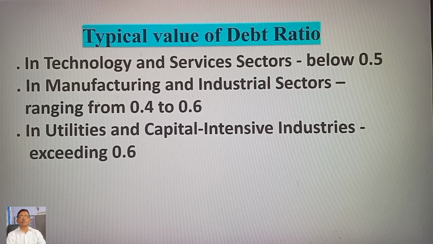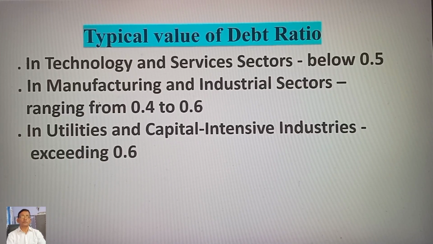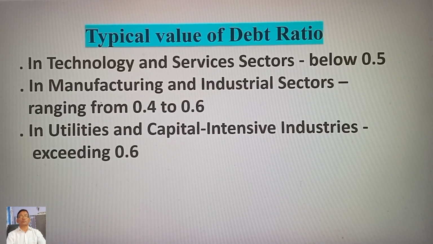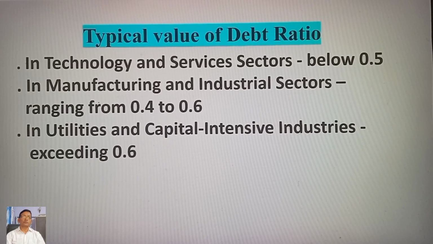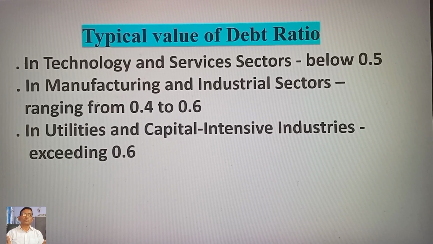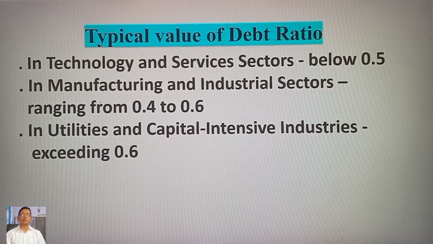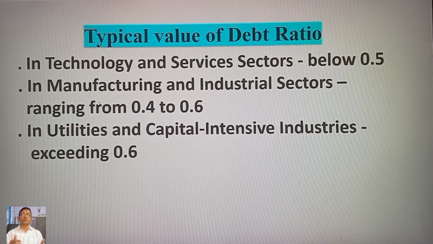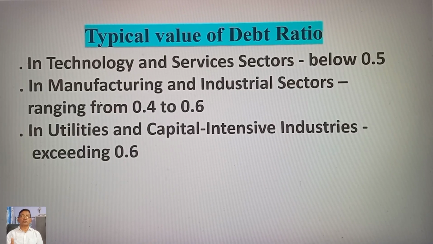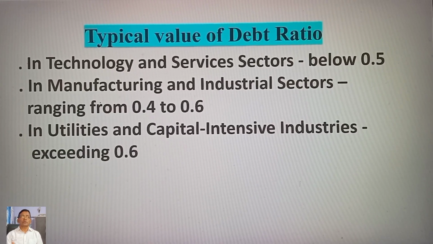In manufacturing and industrial sectors, the debt ratio typically ranges from 0.4 to 0.6, reflecting the need for significant investment in machinery and infrastructure. In utility and capital-intensive industries, the debt ratio typically exceeds 0.6 due to substantial infrastructure investment and long-term financing needs.